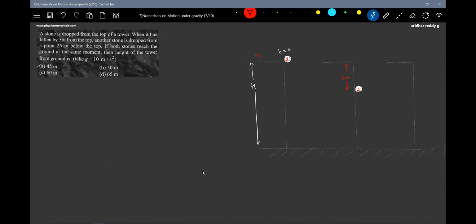This is called the top. Another stone, I'm going to drop 25 meters below.